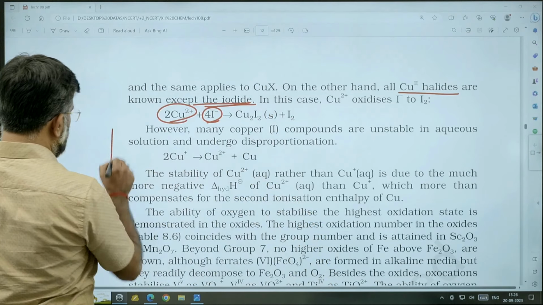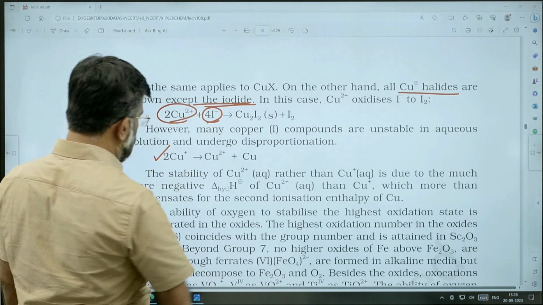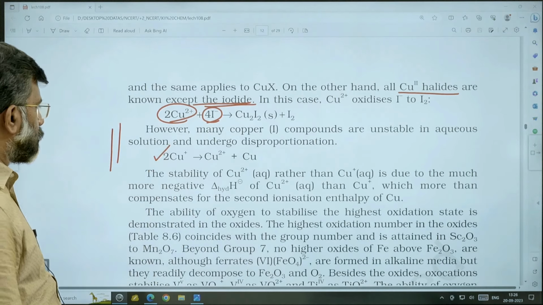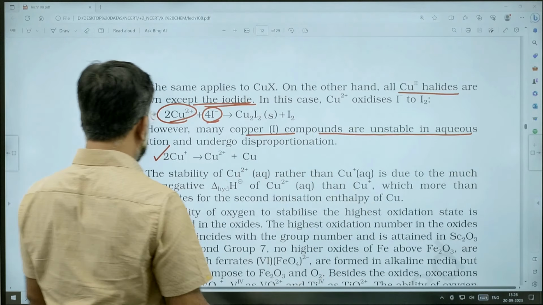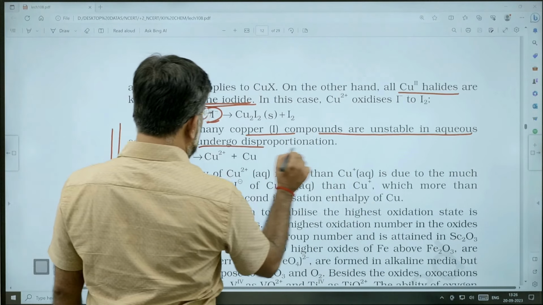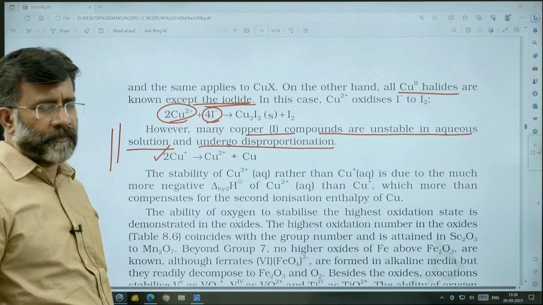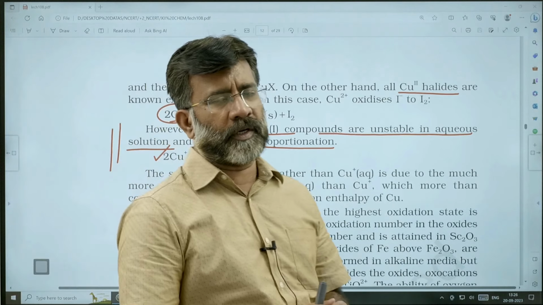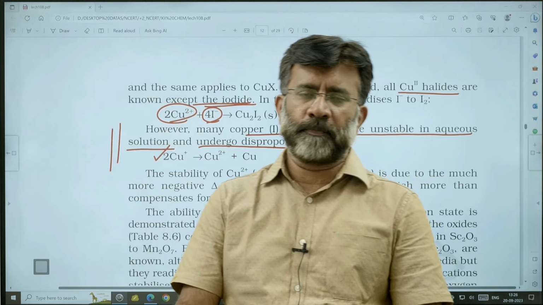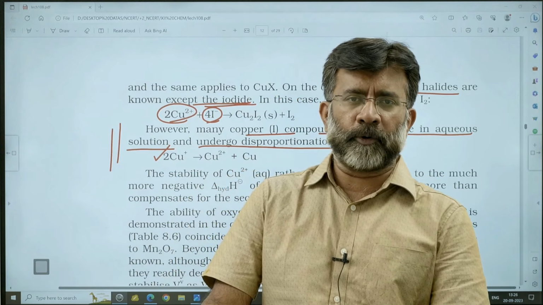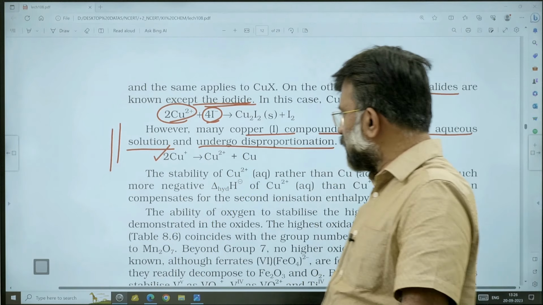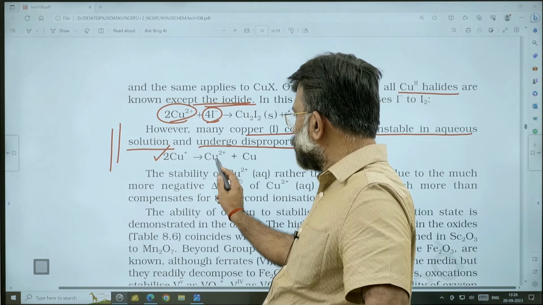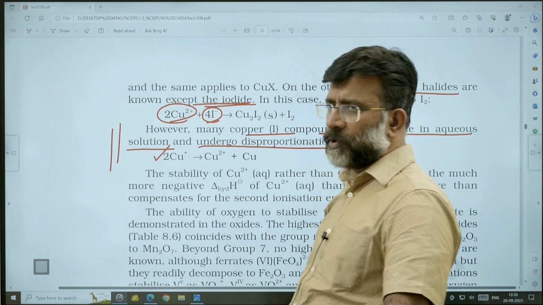And this is another important point. Cu+ undergoes disproportionation. Many copper(I) compounds are unstable in aqueous solution and undergo disproportionation. A very popular disproportionation example: Cu+ is oxidized to Cu2+ and reduced to Cu.